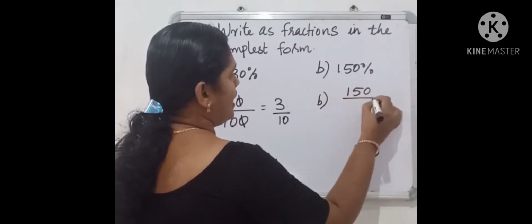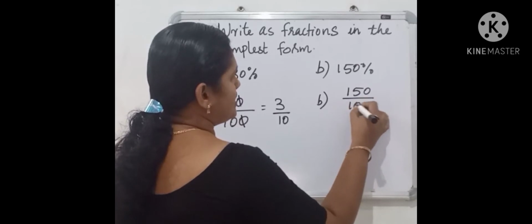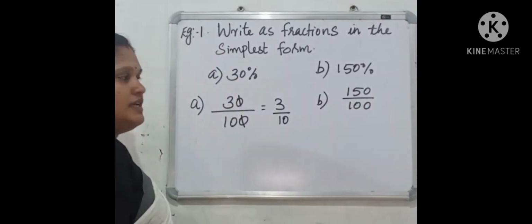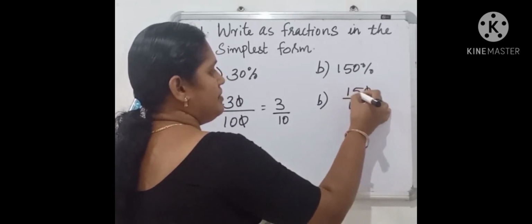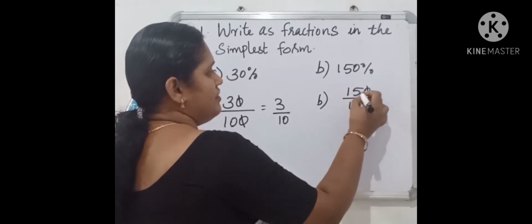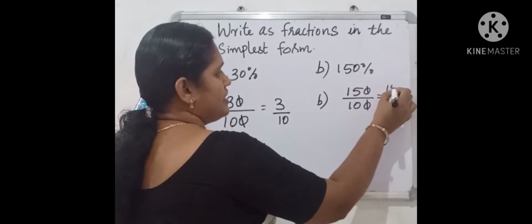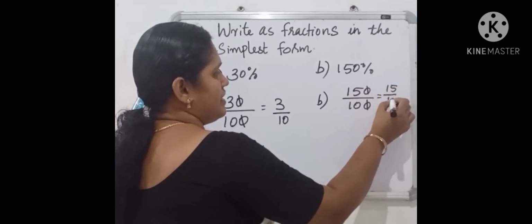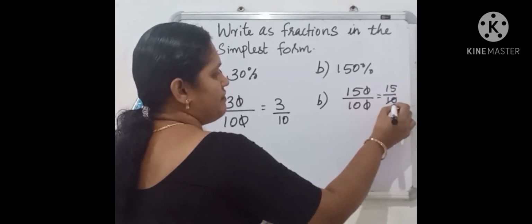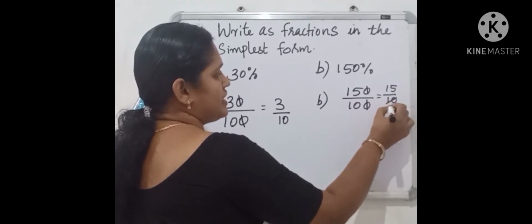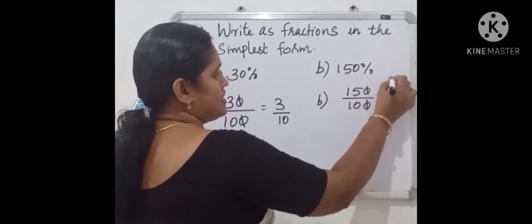B, 150%, that is 150 by 100. Clear? We can cut both zeros like this. Then 15 by 10. Both are divisible by 5. We can cut both sides by 5. How many 5s are here? 2 times. Here 3.